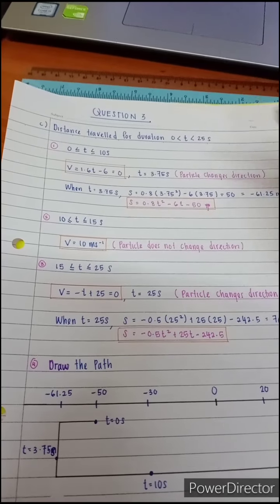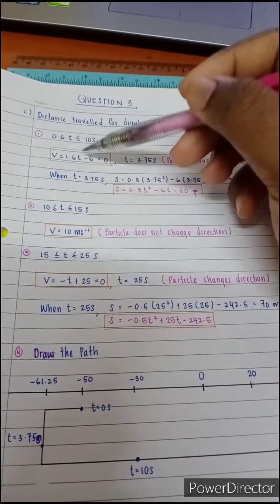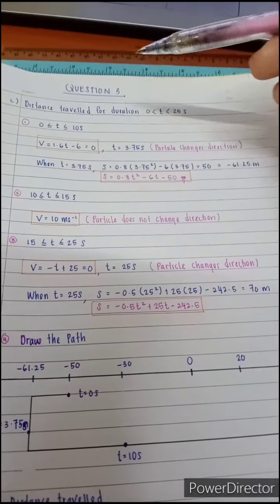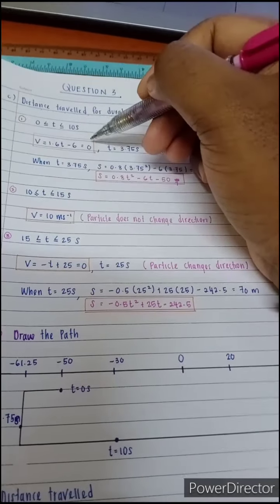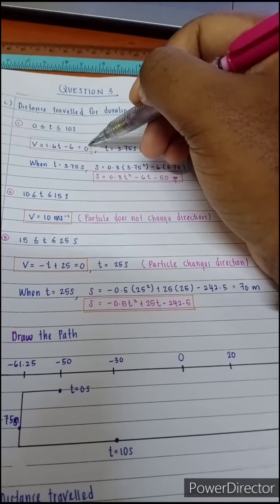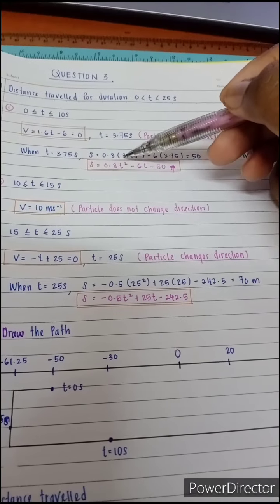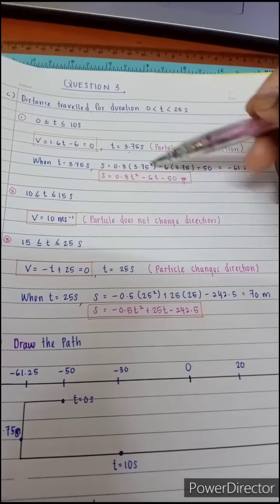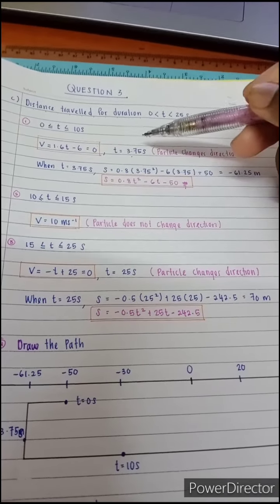Next, for the first segment, take the equations we got for velocity and displacement. For 0 to 10 seconds, the velocity equation is v equals 1.6t minus 6, and the displacement equation is s equals 0.8t squared minus 6t minus 50. You can get these equations from the part that Satish did.